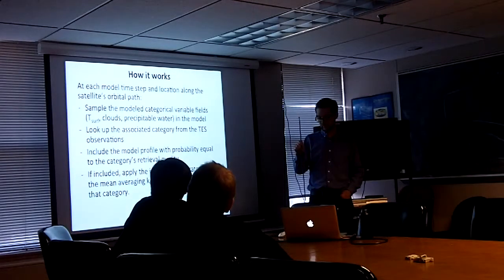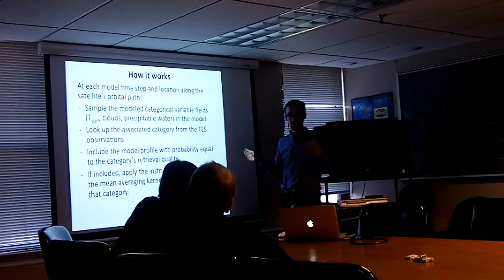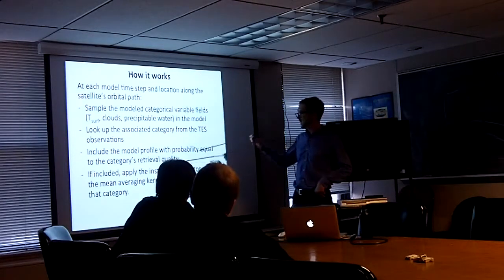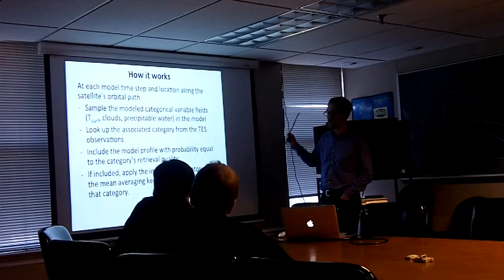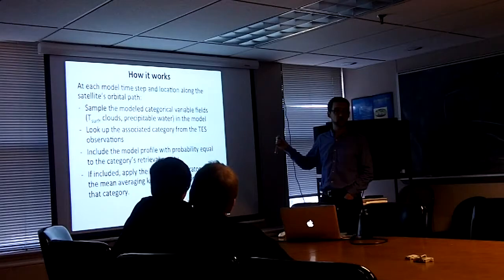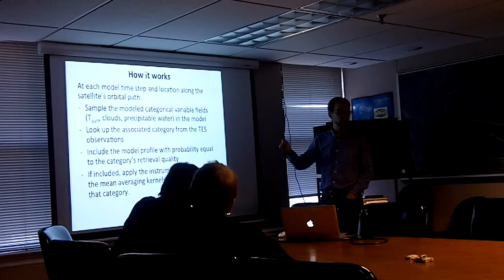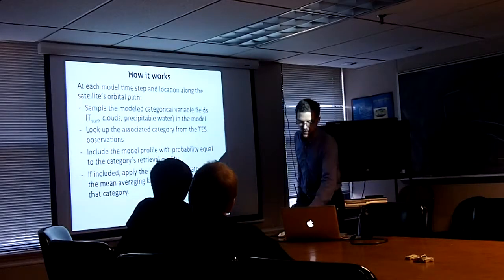So if, for a given set of meteorological conditions, 20% of those retrievals were of high quality, then that profile would be included with 20% probability. And if it is, then we take the associated averaging kernels from that category and use those in applying the averaging kernel, rather than what the satellite might have sampled at that point, which might not be suitable for the model conditions.